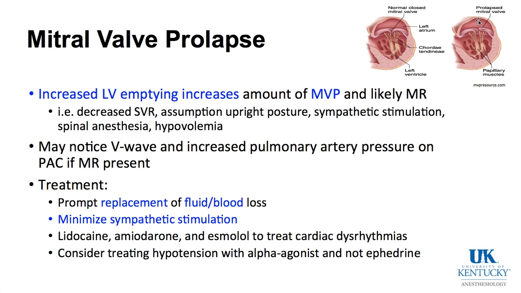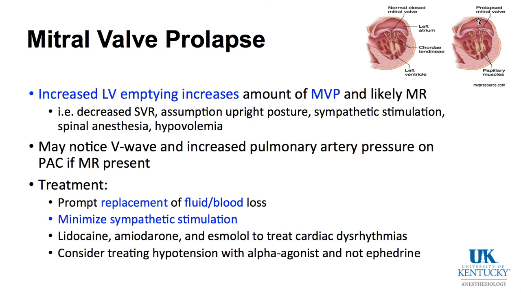So a drop in systemic vascular resistance, assumption of an upright posture, sympathetic stimulation, spinal anesthesia, hypovolemia, all can make mitral valve prolapse worse. And you may even notice a V wave if you happen to have a pulmonary artery catheter in and they develop severe mitral prolapse with mitral regurgitation.